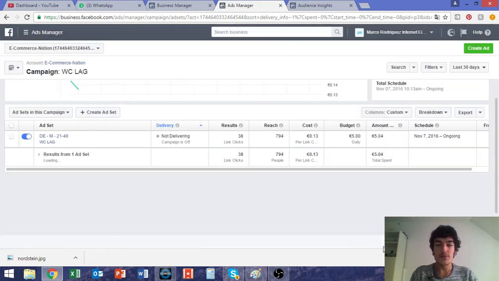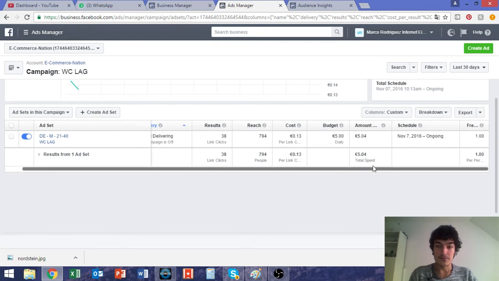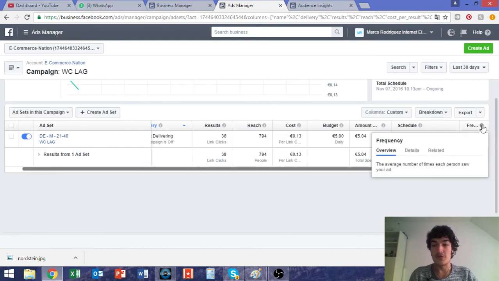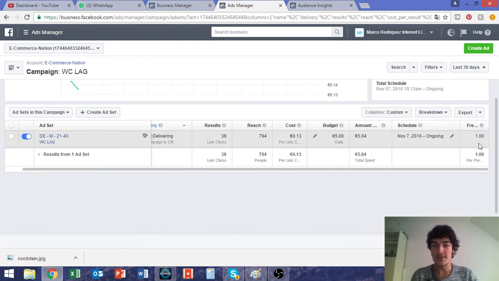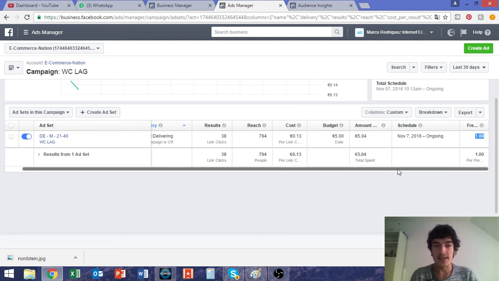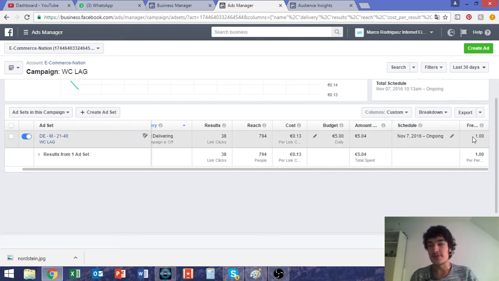Frequency basically shows how often your ad was shown to each person in your audience. In this case, since the ad was absolutely not fatigued and absolutely not in its end stage, frequency is 1. That means that on average, any person in my audience saw this ad only once.